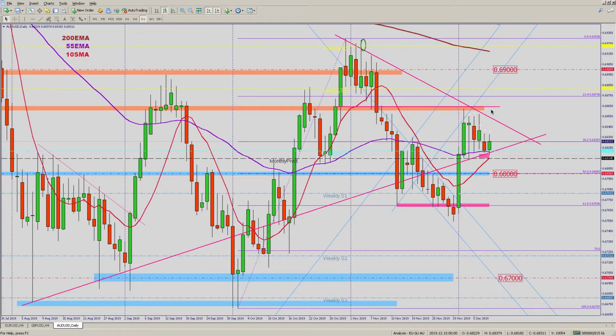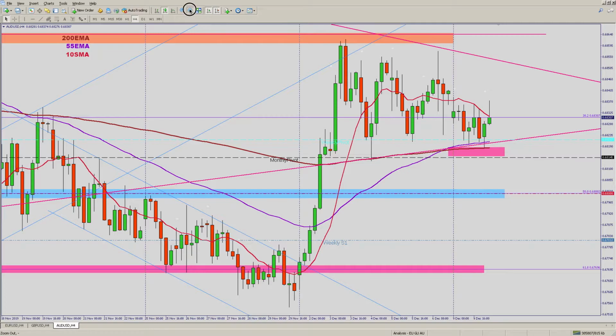And this morning it managed to get a slight boost from the housing price index, which was better than expected, and it's managed to climb up to the 38 fib retracement level at 0.6830. Let's take a look at the 4-hour time frame.